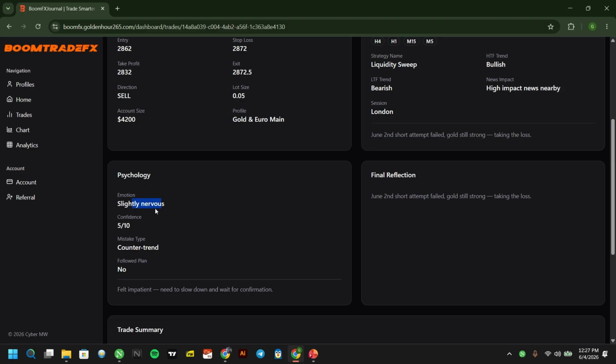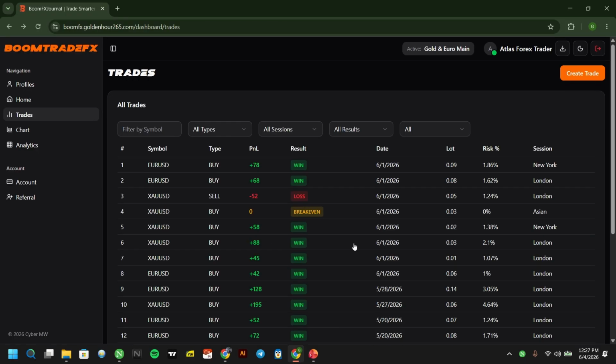We were slightly nervous, the confidence level was 5, the mistake type was counter trend, and we didn't follow the plan. We'll also be able to see how we felt, for example, felt impatient, need to slow down and wait for confirmation. The more you see these mistakes that you're making, the better you'll be able to make decisions on your trading plans. All right, so let's go back.